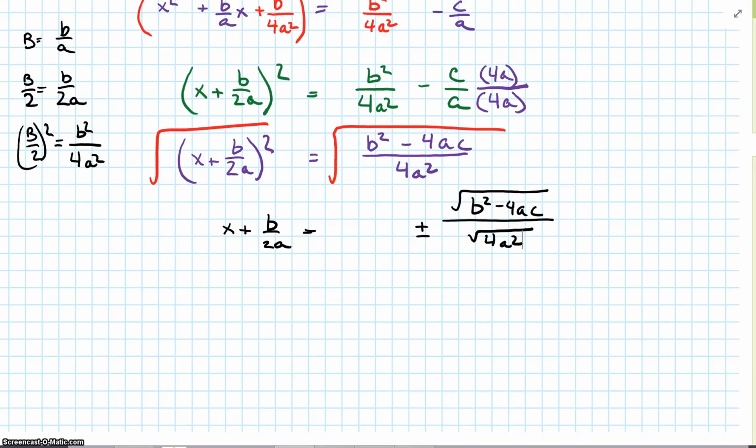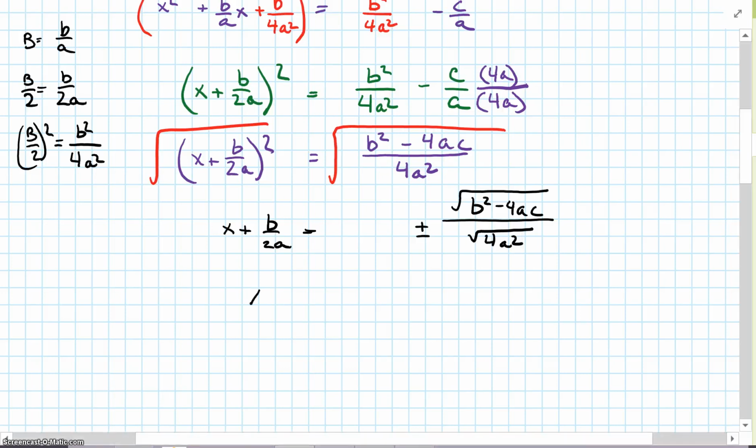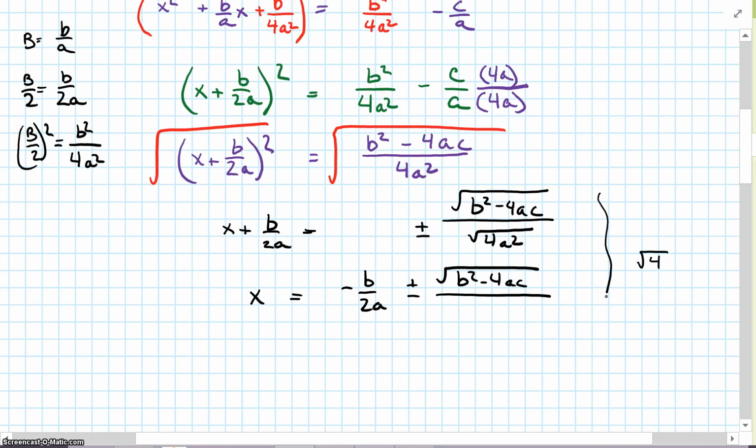Now subtract b over 2a to each side, so I get x equals negative b over 2a plus or minus the square root of b squared minus 4ac over, now let's look, what is the square root of 4a squared? That would just be 2a, right? So we can put that over 2a.